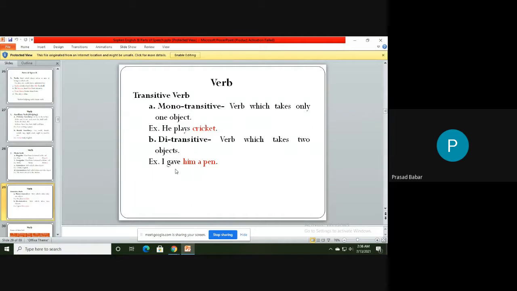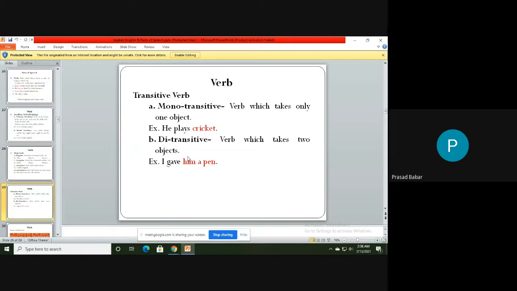So if we ask gave, what gave, then a pen comes as the answer, and this is called direct object. So a pen is a direct object, and when we ask whom gave, then it will answer him, and that is why him is an indirect object.